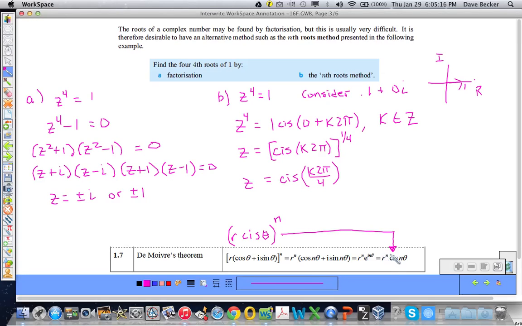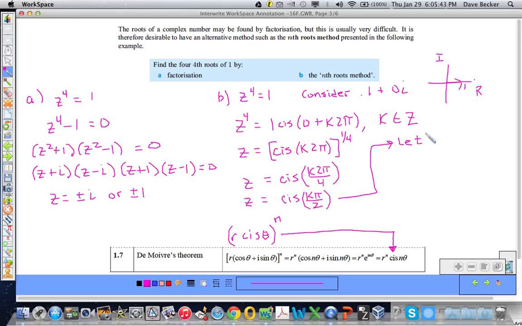That's right here. And then cis n theta, so I just took 1/4 times theta here. And of course we can simplify that to z equals cis of k pi over 2. Sorry about that.